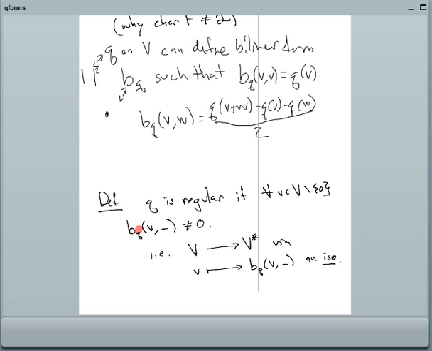So a quadratic form is called regular if the associated bilinear form is non-degenerate. What does this mean?